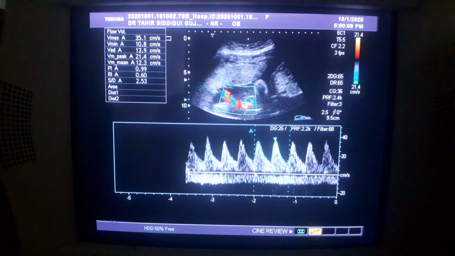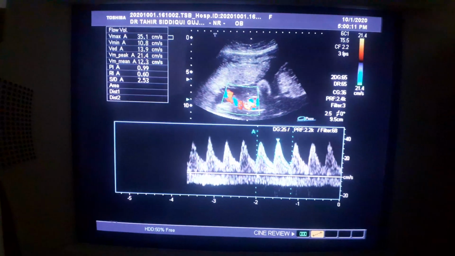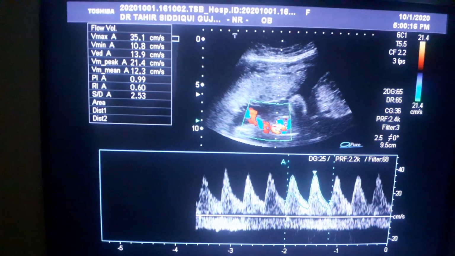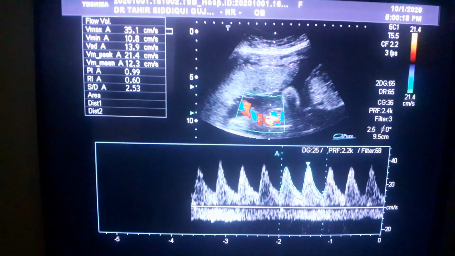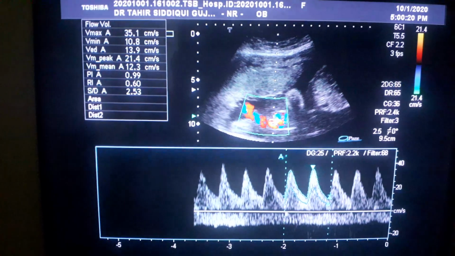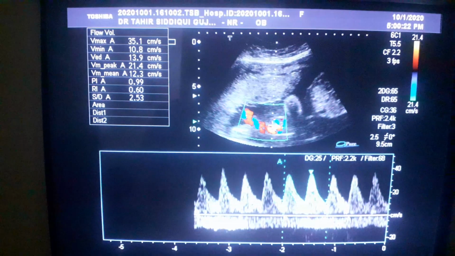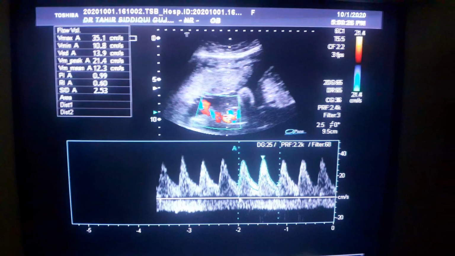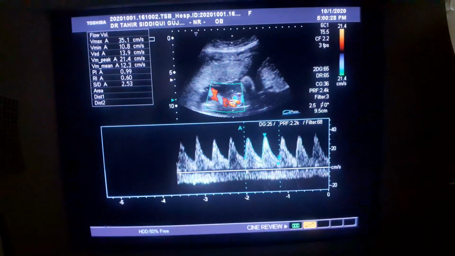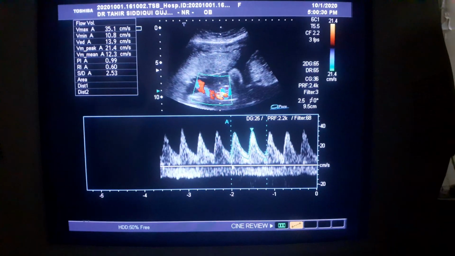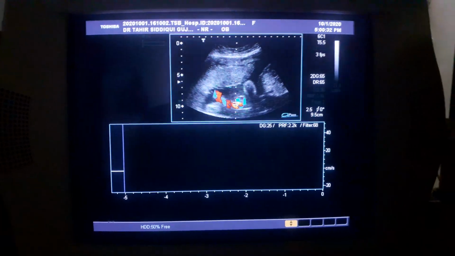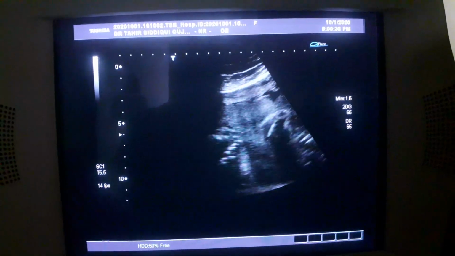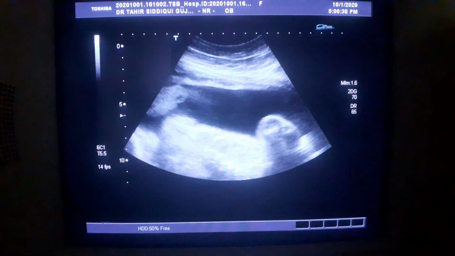Now see that the PI is 0.99, resistive index is 0.60, and the SD ratio is 2.53. All are within normal. Uterine Doppler is usually not of importance at this gestational age, and that in twin pregnancy.